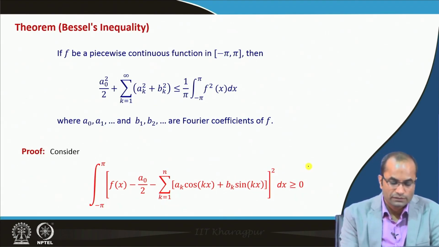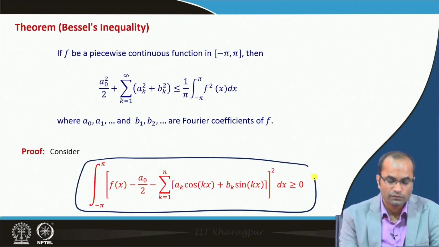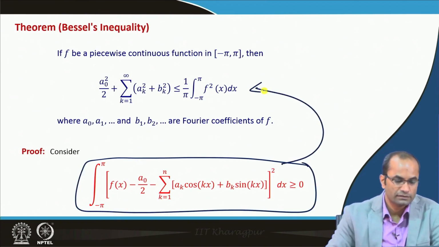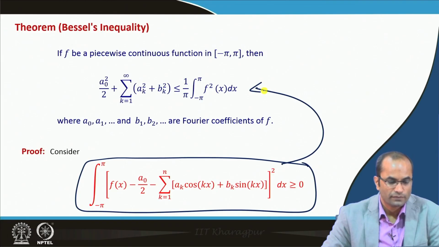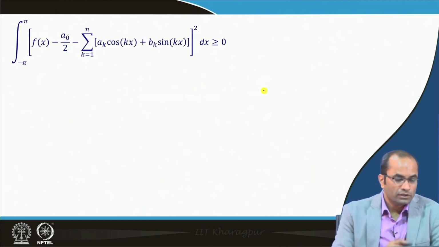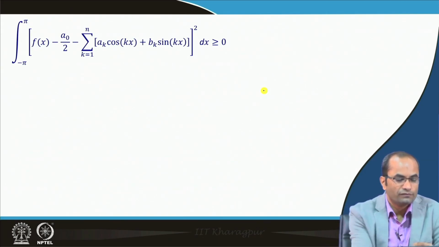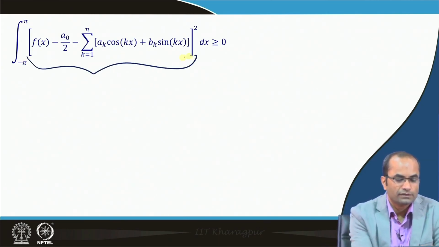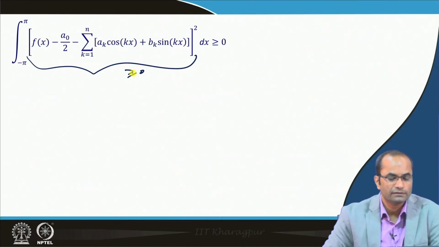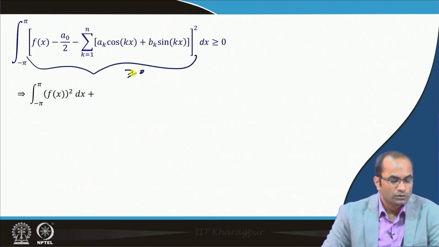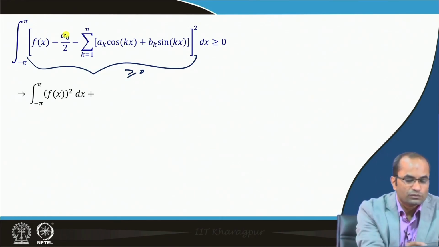Out of this inequality we will now see how to get exactly the so-called Bessel's inequality. Having this inequality, which is a standard result because the integrand is greater than or equal to 0, we will just open this square term.